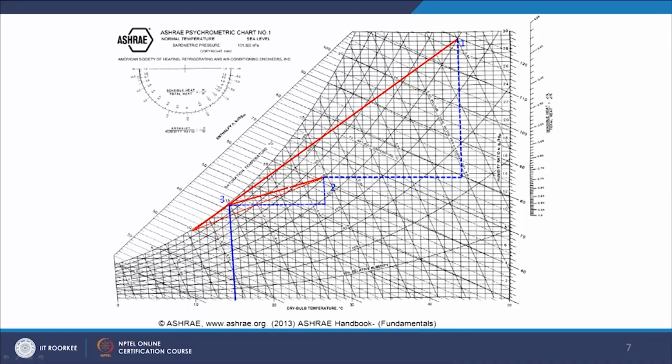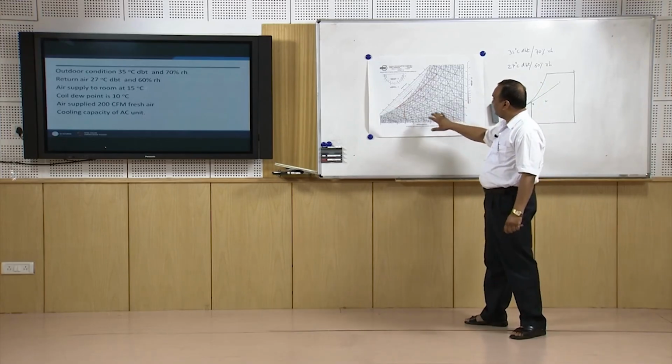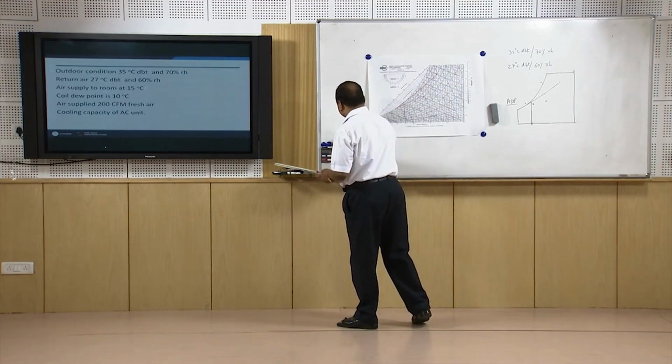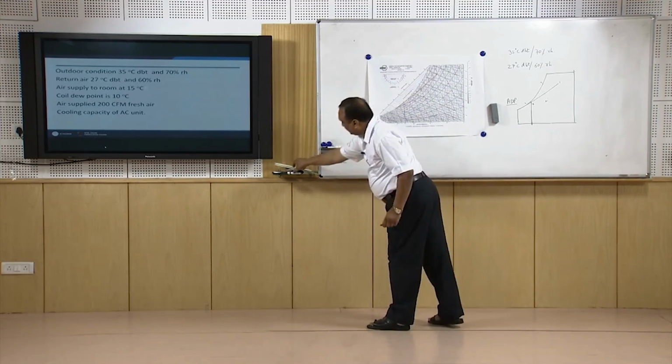Now, when we start the AC, we assume that the room is filled with the outside air, and the room condition is 35 and 70%. After running for a certain time, this supply air picks up heat from the room. This thing we did not discuss when we discussed the psychrometric processes.